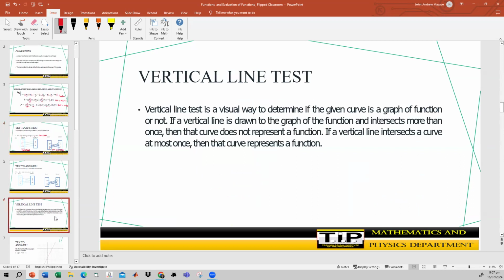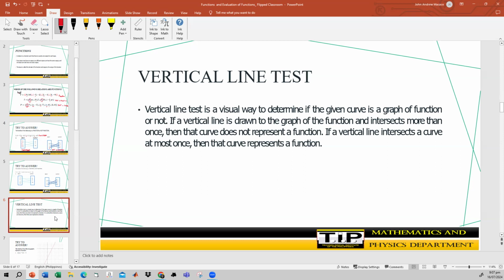Next, we'll move on. The next topic is all about the vertical line test. So what is the vertical line test? If we have a graph and we want to know if the graph is a function or not a function, you just need to determine it using the vertical line test.